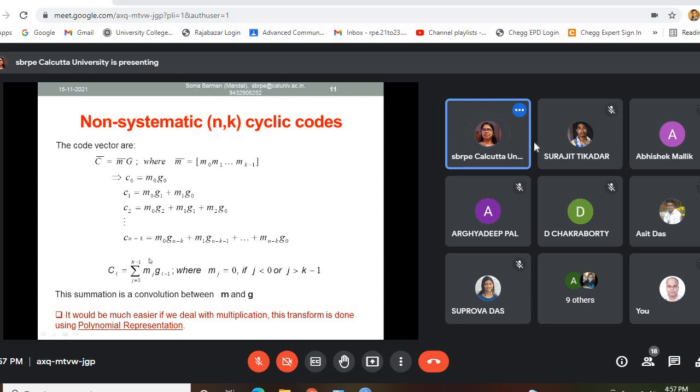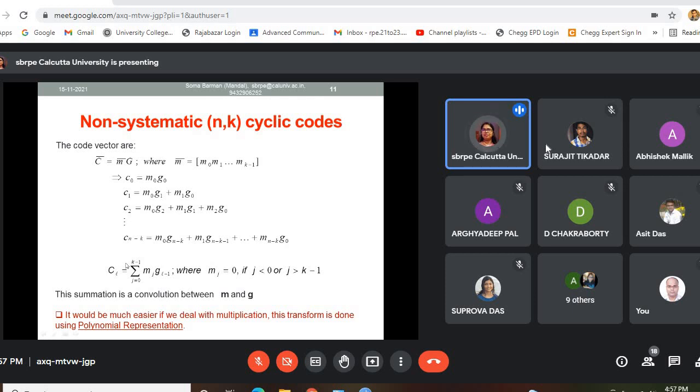Already at the start of the class I mentioned that the implementation of a cyclic code is very simple. You can easily construct a cyclic code by means of a shift register and modulo operation.